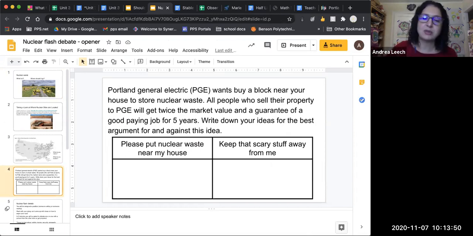You're going to pay them extra money, guarantee them a job, and we're going to bury nuclear waste across the street from your house. So we divide the class into people who are like, yeah, take my house and pay me a bunch of money, and people who are like, wait, no, I want to live here. I don't want to live next to nuclear waste. And that's how we split them up.